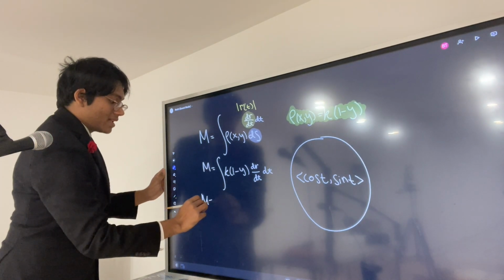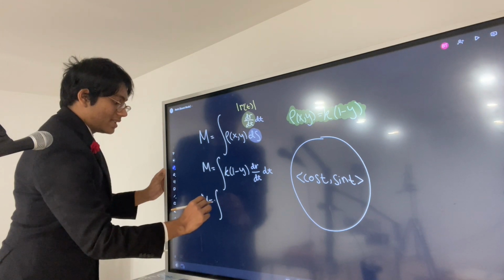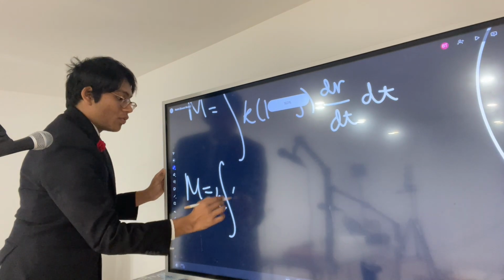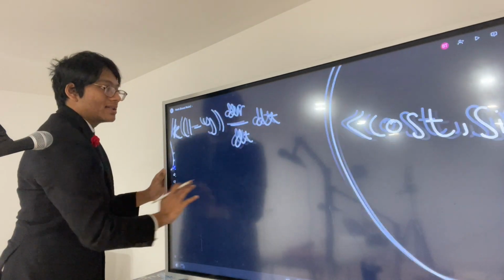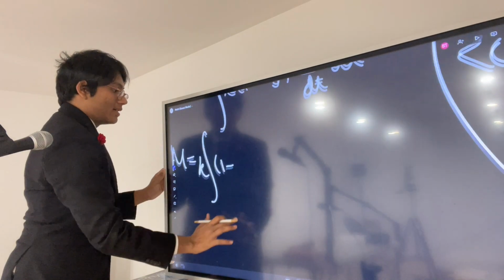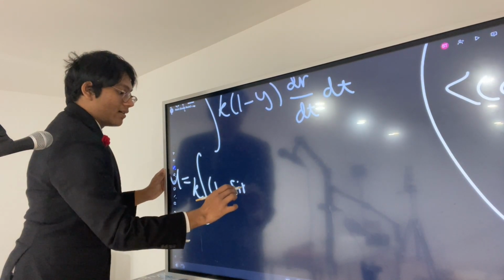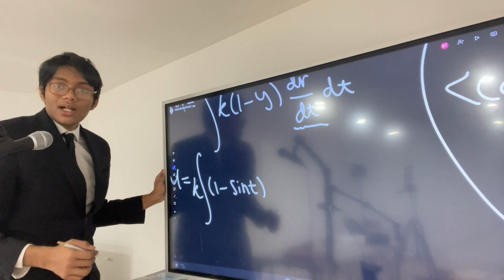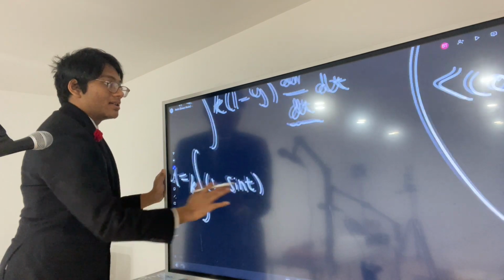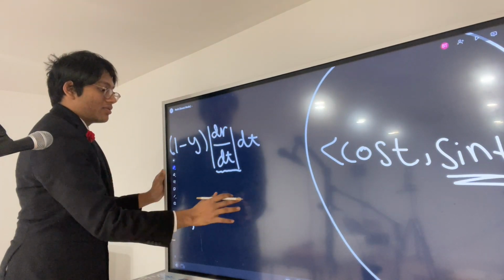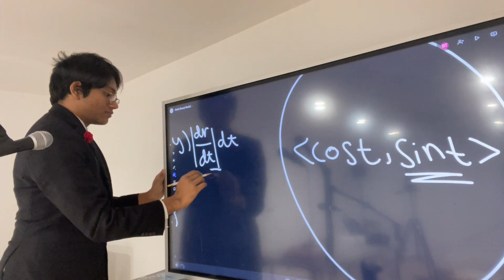I'll have my total mass is equal to, k is a constant, so we'll pull that out, times 1 minus, my y is simply the y component of my parameterization, which is sine of t. So I'll have sine of t. And what is dr dt? Dr dt is simply my velocity, right? Remember, we're actually finding the magnitude of dr dt, so I should put brackets around it.